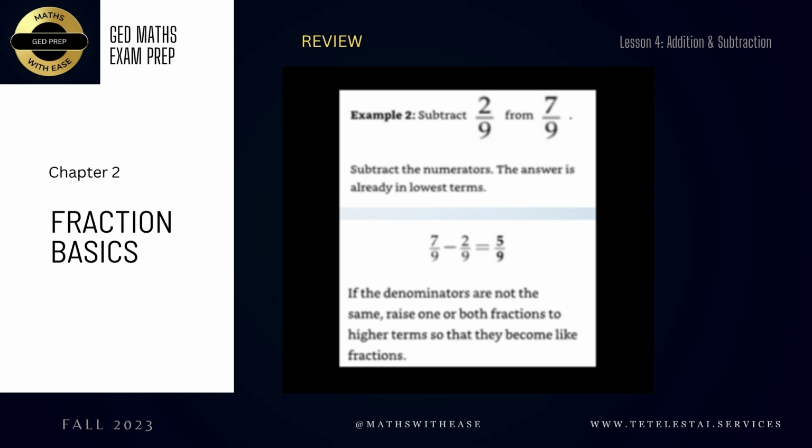How many grayed out parts would you have of that circle that has 9 parts? Well, your answer is 5, because 7 minus 2 is 5. So again, as the tip we saw earlier suggested, it's always good to try to visualize the fractions because it helps you understand what it is that you're doing.